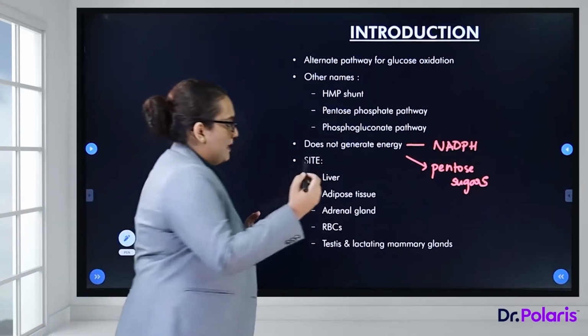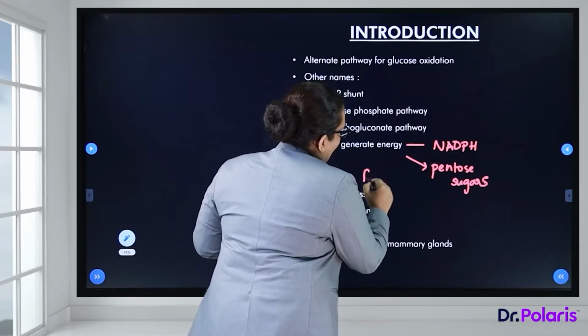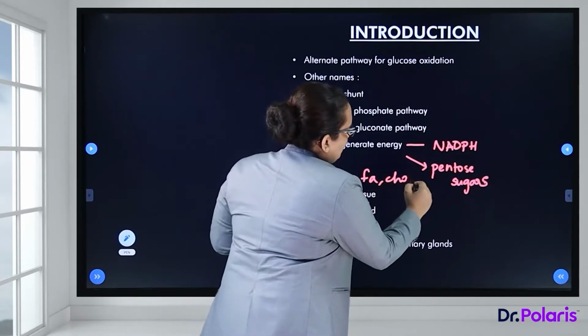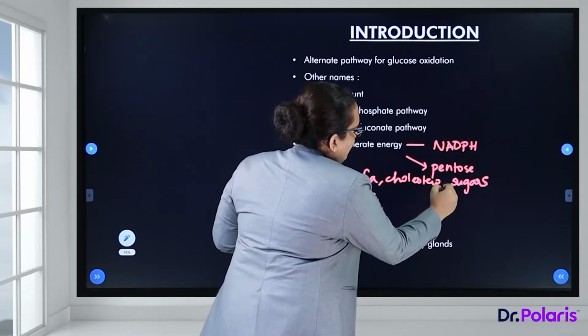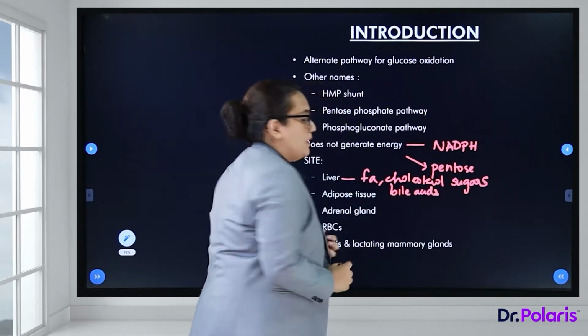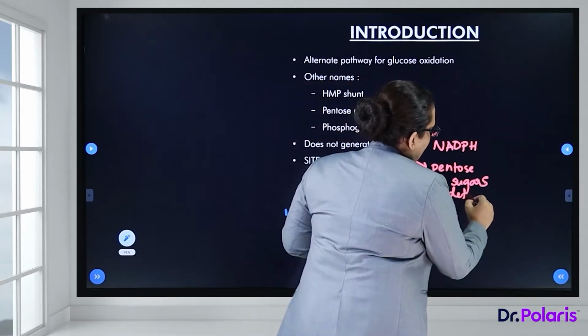Like, say for instance, the liver utilizes NADPH for the synthesis of fatty acids, for the synthesis of cholesterol, bile acids, and also liver utilizes NADPH for the detoxification of certain drugs.